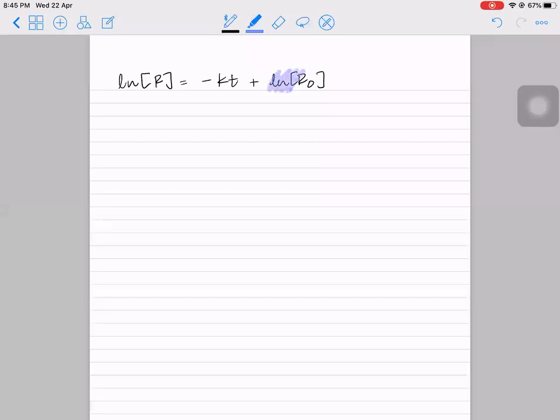This was the integration constant, right? So this equation resembles y is equals to mx plus c, right? Where your y-intercept basically would be the natural log of initial concentration, or R naught, okay?